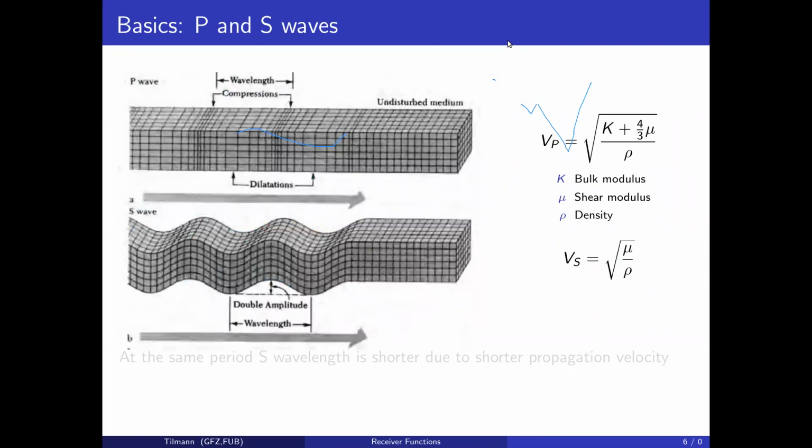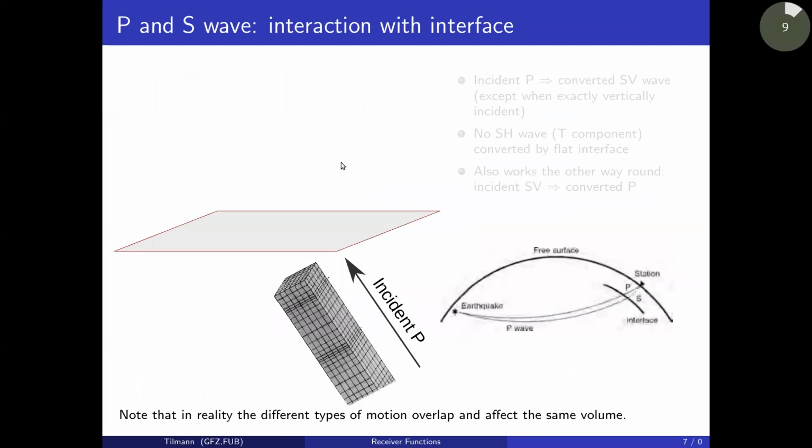And how it's done is we use the idea of P and S waves. We know the P and S wave velocities. The main point here is, like I was saying, the seismogram, the displacements you record, is a vector field.